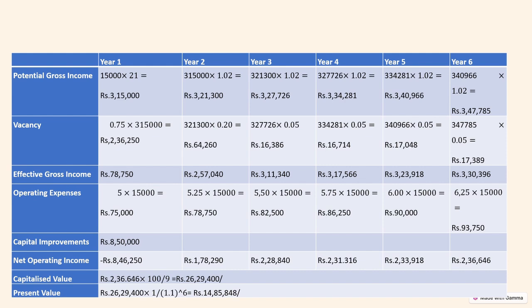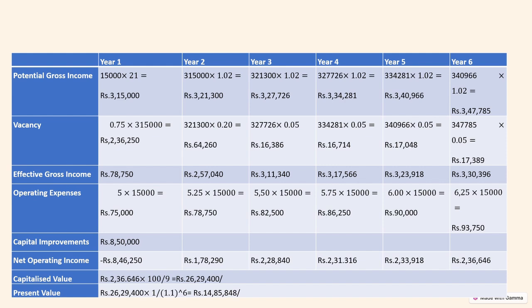In the third year, again the rent will increase by 2%. So it will be 3,21,300 into 1.02, which is 3,27,726. From the third year, it is given that the vacancy rate will be 5%. So 5% of 3,27,726 will be 16,386.